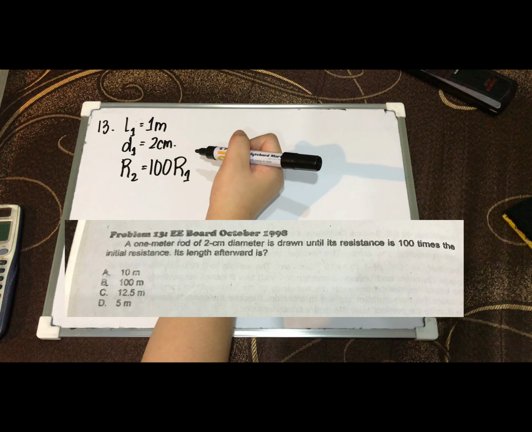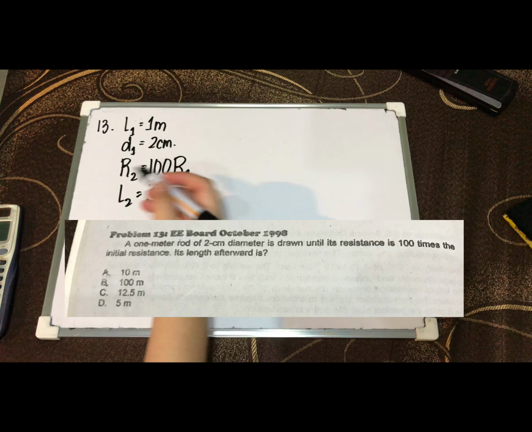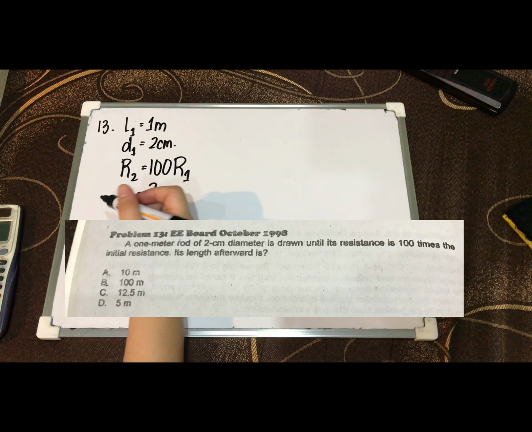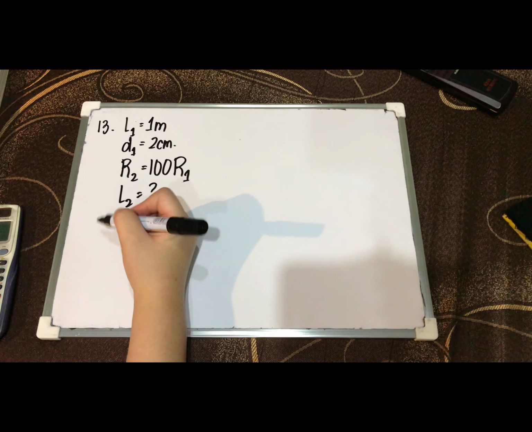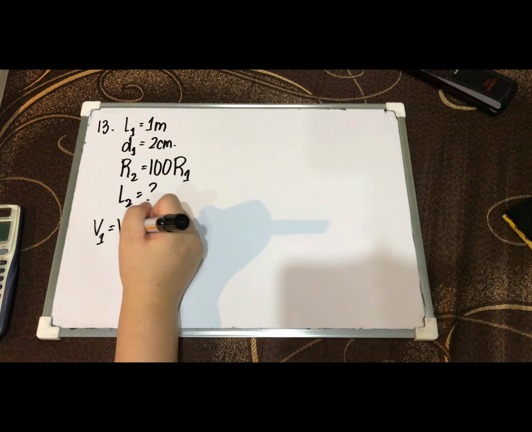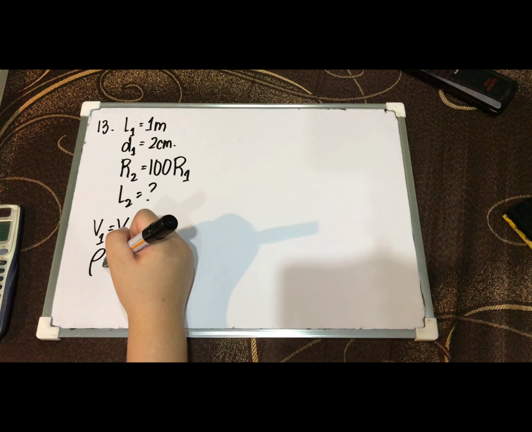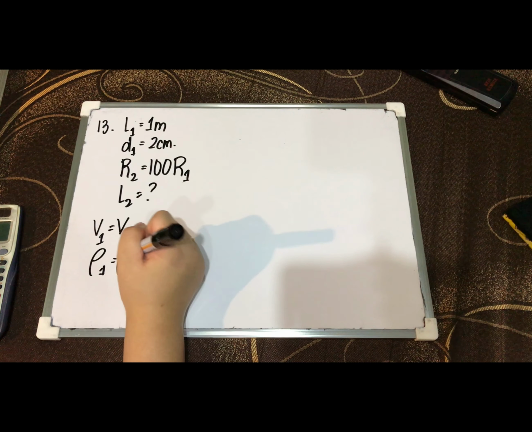The length afterward is length 2 ang hinahanap. So, binanggit ulit doon na ang wire natin ay drawn. So, we may assume that it has still the same volume. It is constant and same material, so it has the same resistivity.